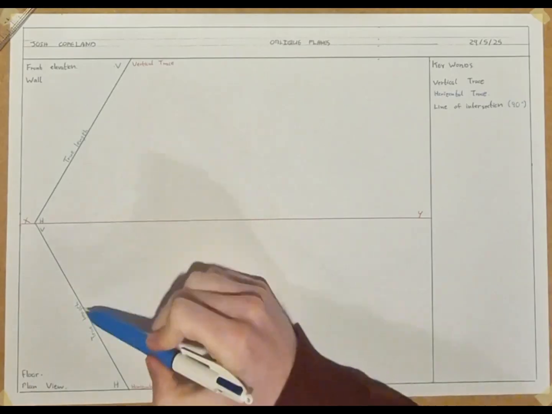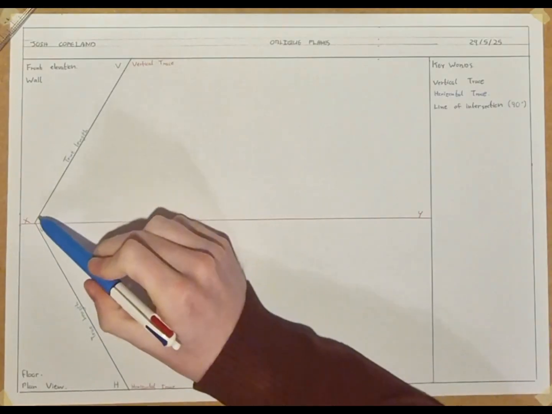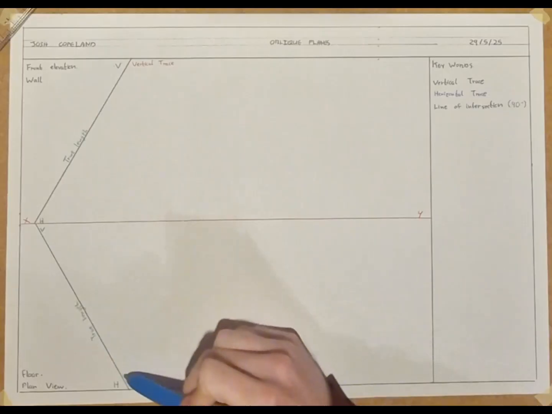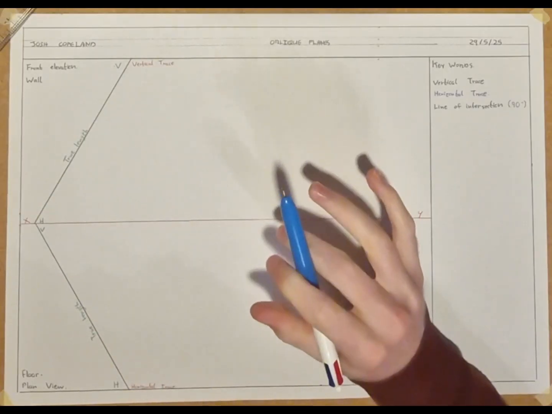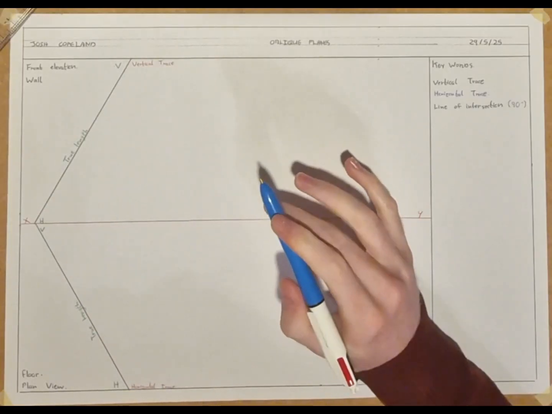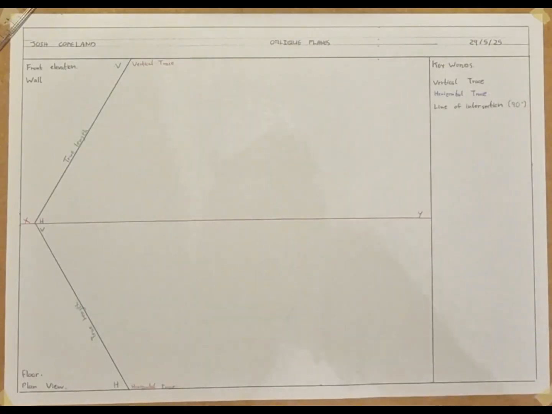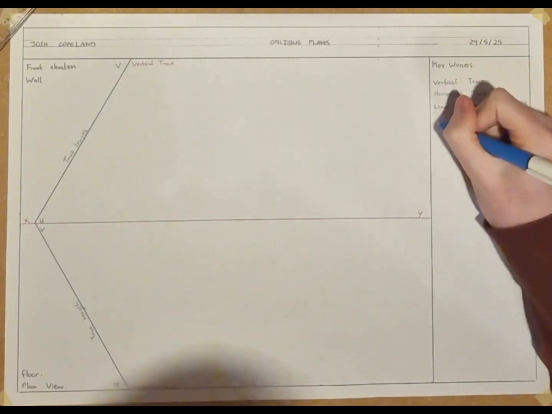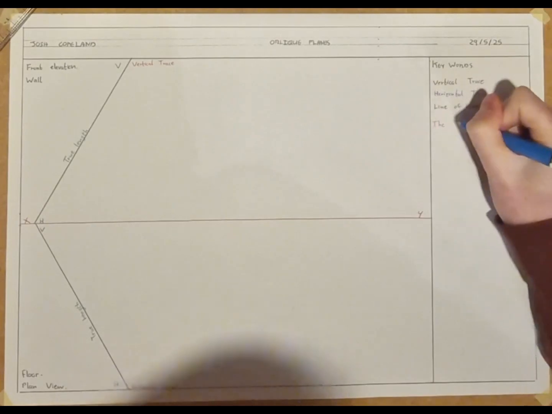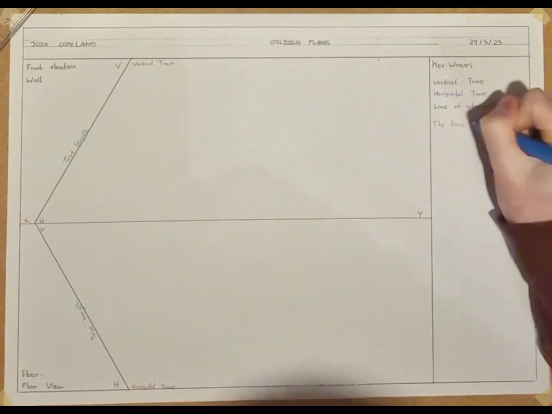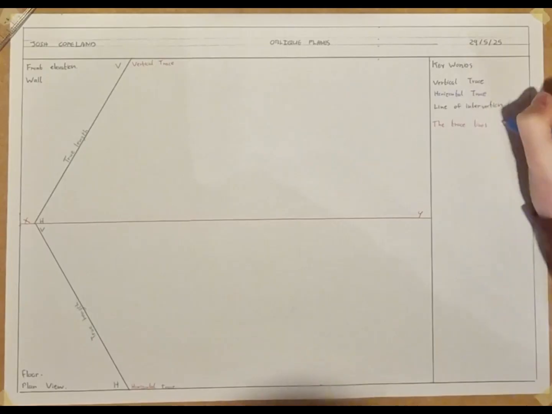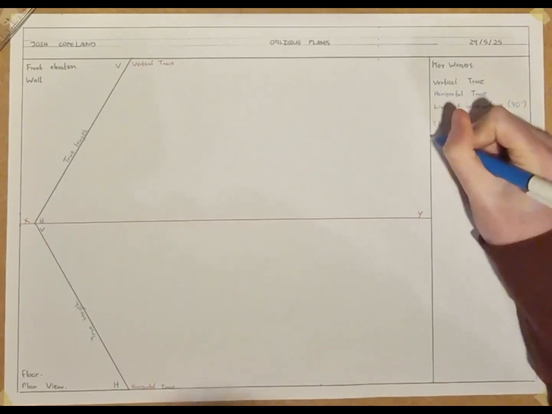So one of our golden rules is our trace lines are always going to be a true length. So over here, I'm going to put it in red. The trace lines are always true lengths.